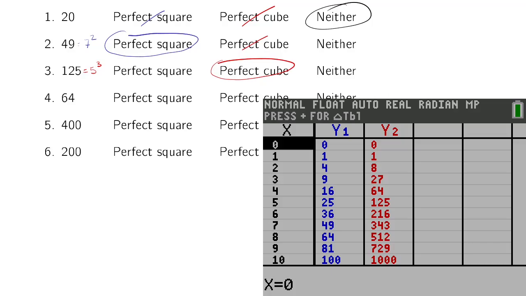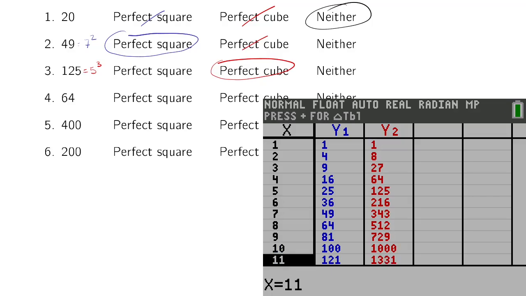On the other hand, it's more than 100, so it's not appearing on my list of perfect squares. I can scroll down a bit, and now I see that 125 is between 121 and 144. So it's not a perfect square. I need to check though, because a number can absolutely be both, right?